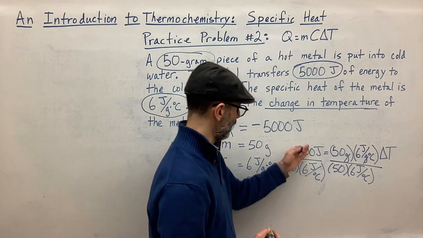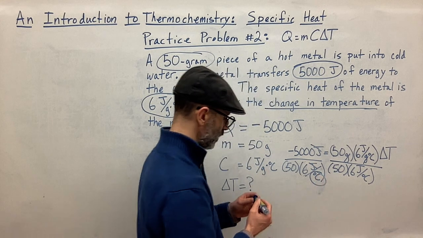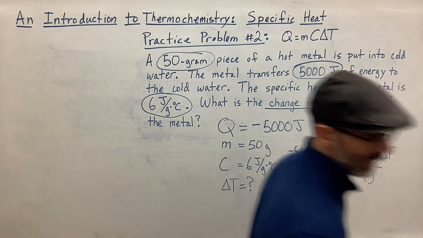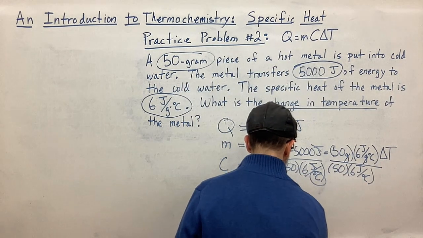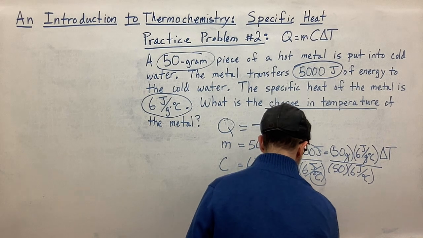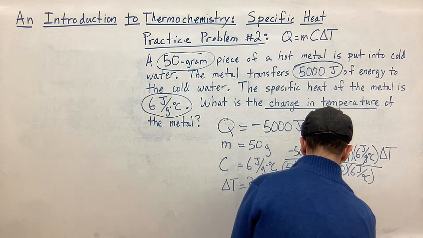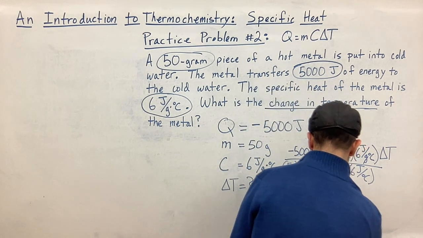So now I'm dividing this. Joules are going to cancel out, leaving me with degrees Celsius. And when I calculate that out, I get delta T is equal to negative 16.7 degrees Celsius.